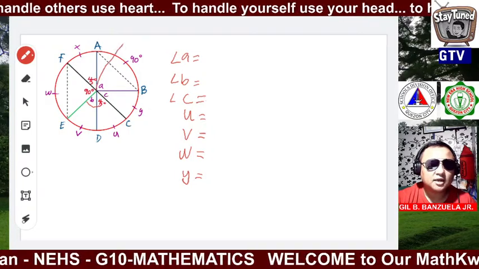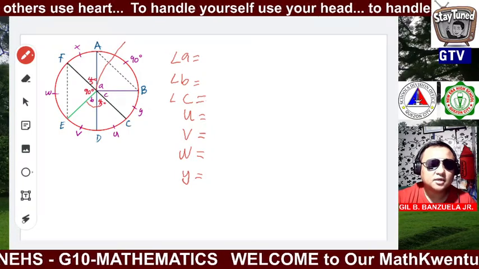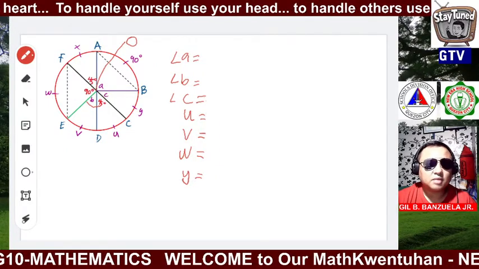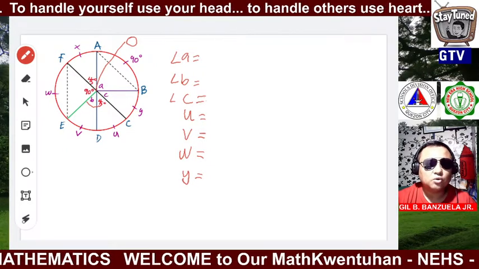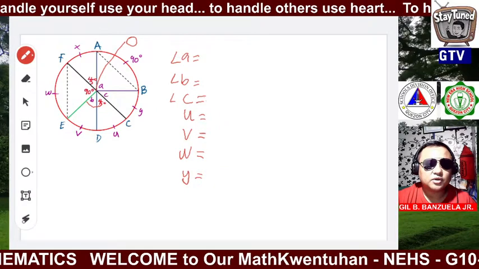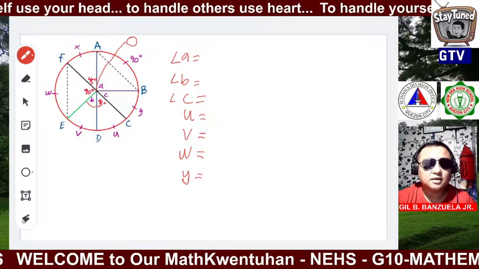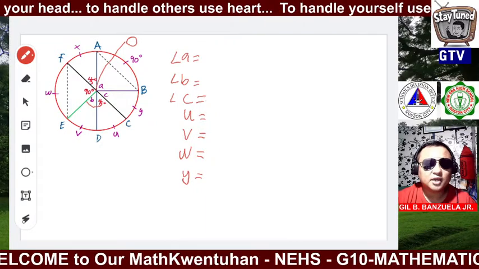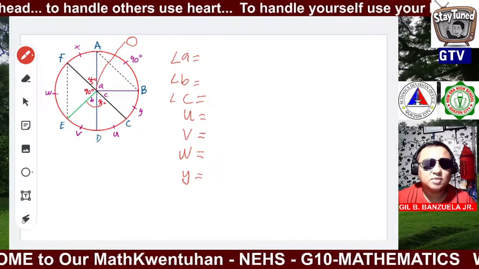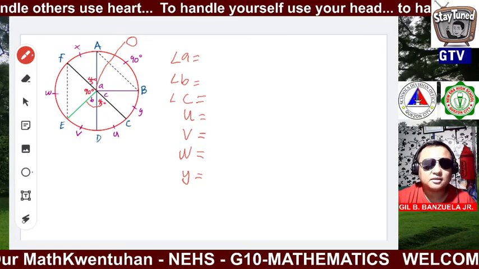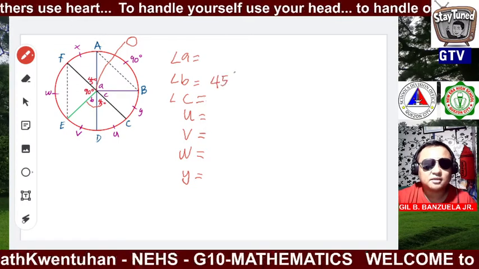Pangalanan natin yung circle na circle O, halimbawa lang, para ma-name natin yung angle. So, COD is equal to 45. Kung 45 yan, ano yung measure ng angle B kung ito ay 90 degrees na? Malamang, yung angle B is 45 degrees din. So, sulat na natin yan.